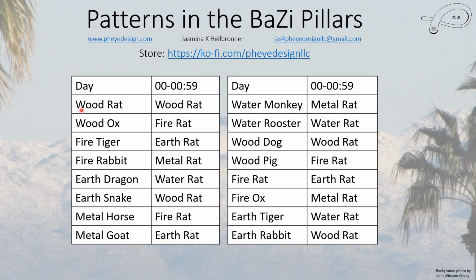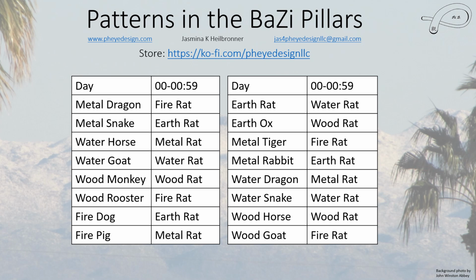So on a wood rat day, the first hour of that day, it'll be a wood rat. And then it'll stay a rat, of course, because we're talking about 0 to almost 1 a.m. And then we just go forward. So wood, fire, earth, metal, water, wood, fire, earth, metal, water. We just keep going.